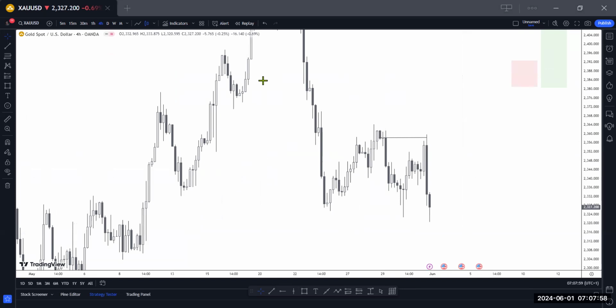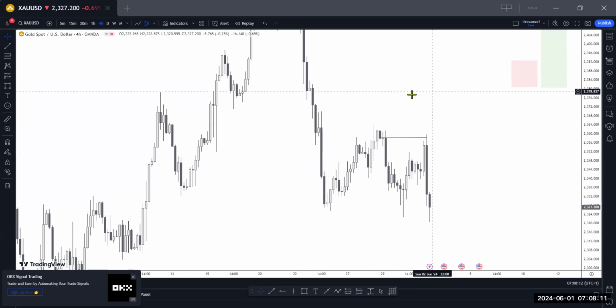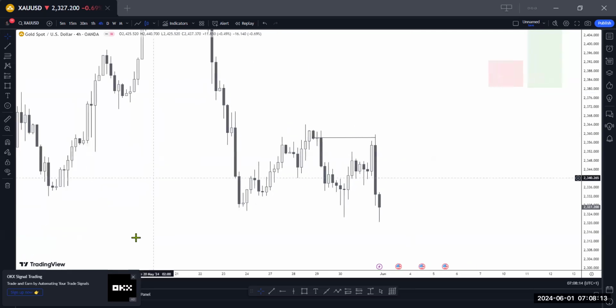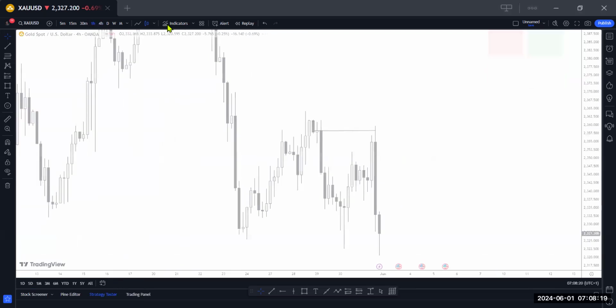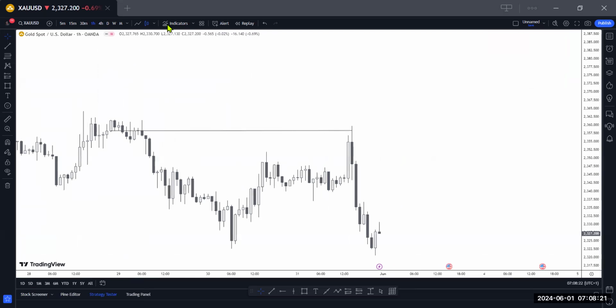Yeah, just type. Okay. When an H4 level taps, you are first of all supposed to go to H1 or H1 MTF, right? When an H4 level taps, you go to H1.